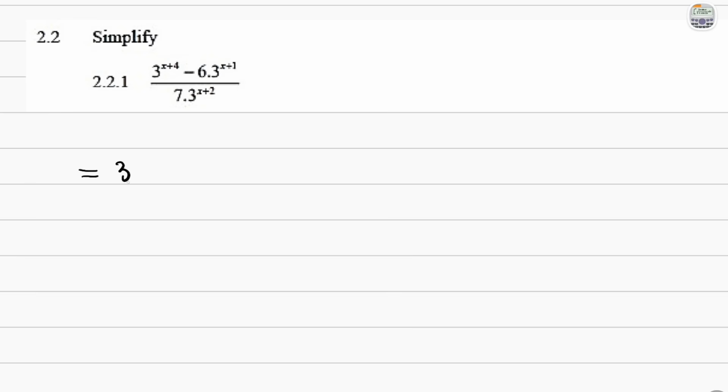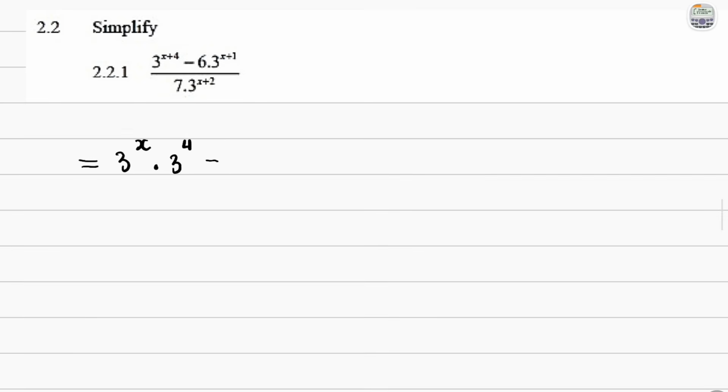So we have 3 to the power of, and this is just x. And you can rewrite this as 3 to the power of x multiplied by 3 to the power of 4. When you multiply, you add exponents. Then here with the 6, we're going to have to break that up because the thing about 6 is it has a factor of 3. So we can rewrite 6 as 2 multiplied by 3, and then you have times 3 to the power of x plus 1.